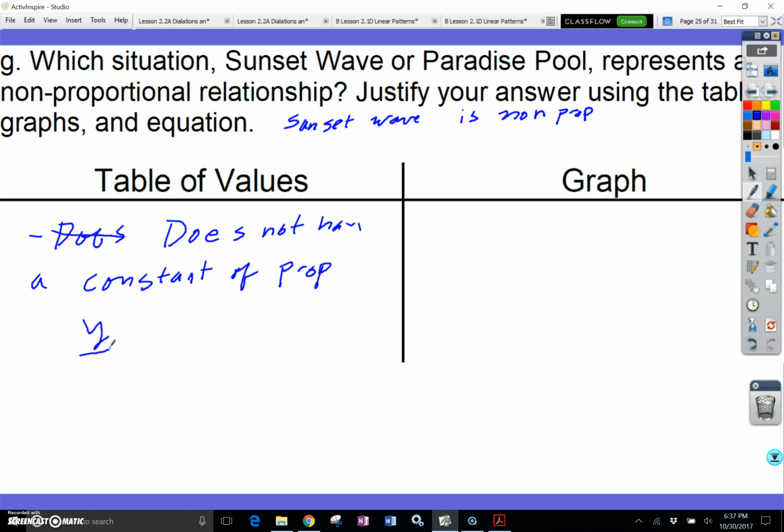That is the y over x. That's when we got 7 over 1. So our examples were 7 over 1, 9 over 2, 11 over 3. None of those equaled each other. Now the graph was linear, but it started at positive 5. Because it did not go through the origin, it was non-proportional.